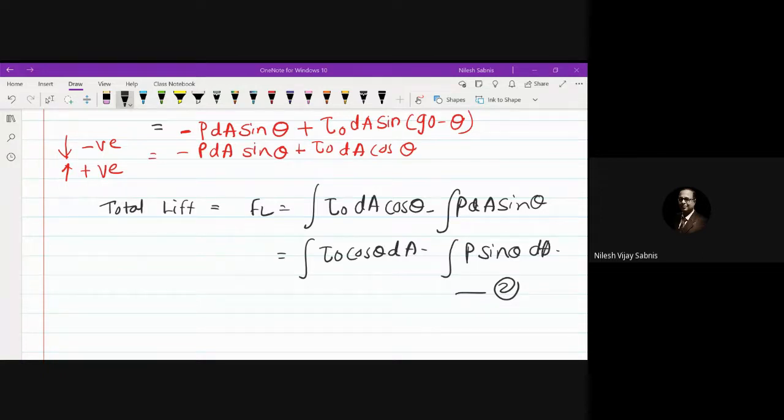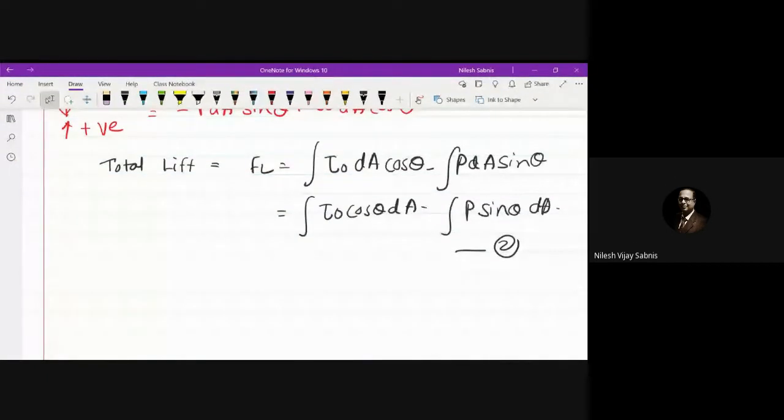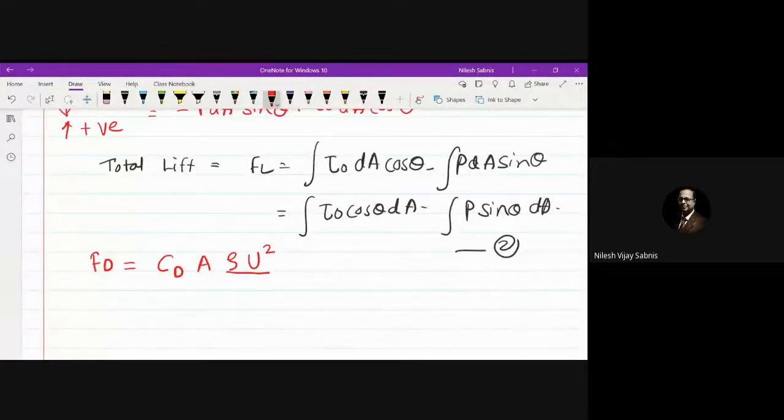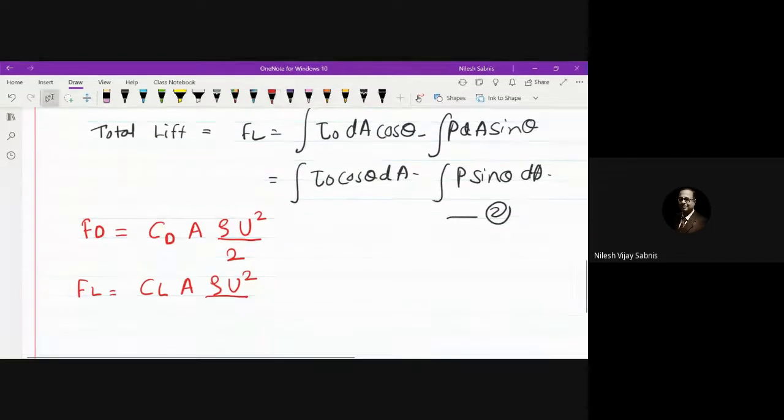For a body moving in a fluid of density rho with uniform velocity u, we use the new equation: FD is equal to CD A rho u square upon 2, and FL is equal to CL A rho u square upon 2.